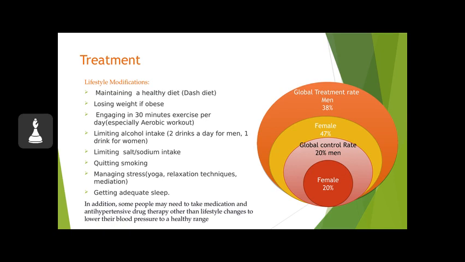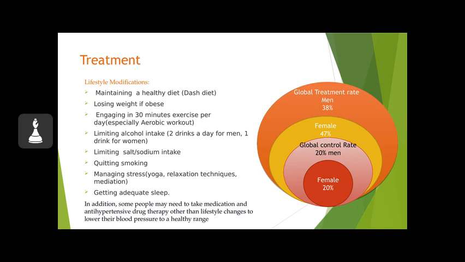High blood pressure can also be lowered through lifestyle modification, maintaining a healthy diet, such as the DASH diet, which stands for dietary approaches to stop hypertension, and includes foods that are rich in potassium, calcium, and magnesium. It is a heart healthy way of eating.